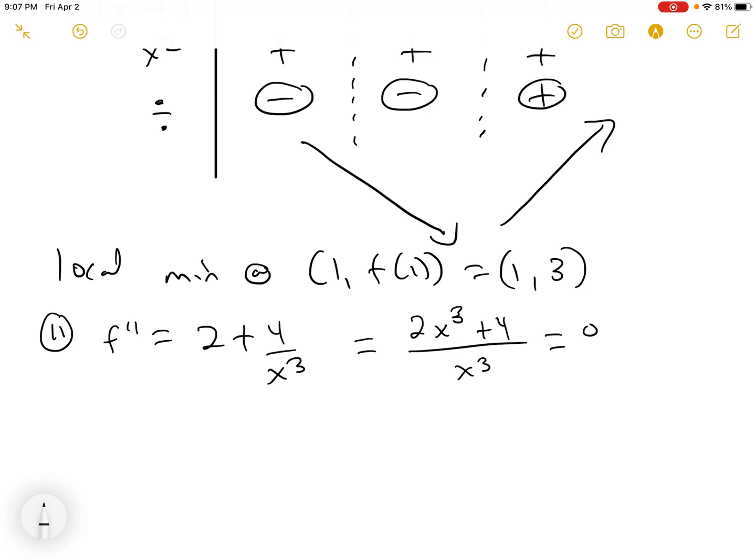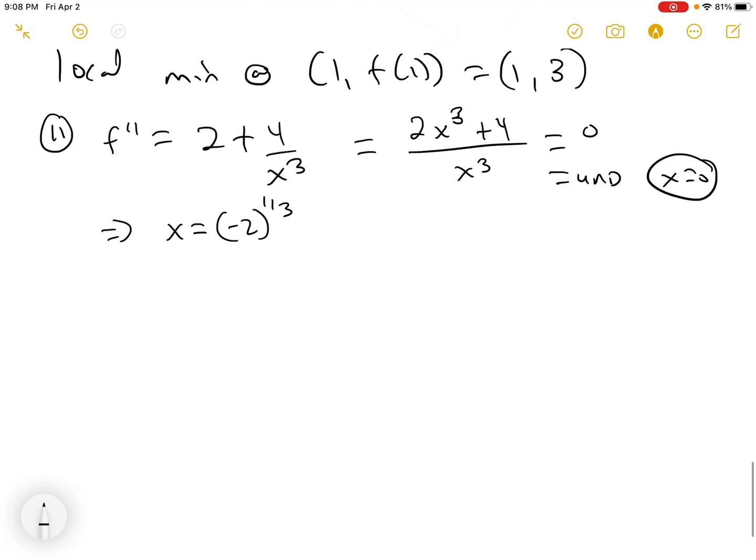So this is equal to 0 if and only if x equals the cube root of minus 2. And it's undefined for x equals 0, because again, that's an asymptote.